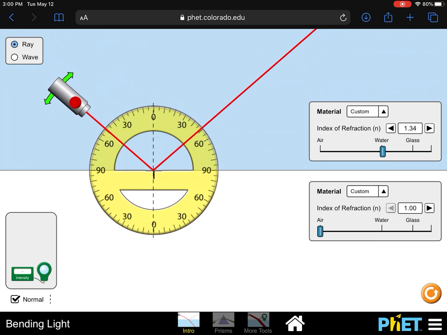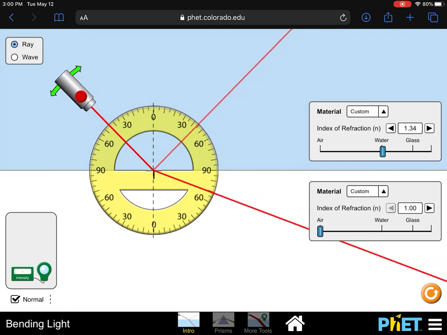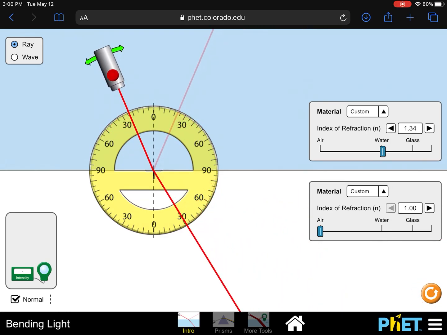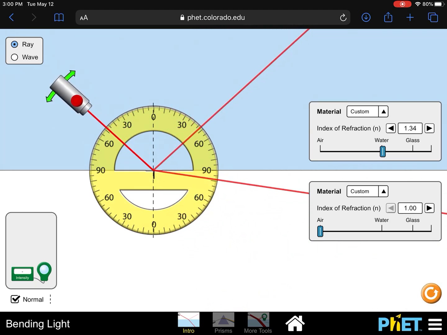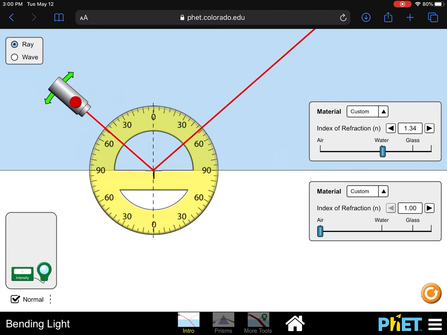Once I come up to about here, some of it starts to escape. So what this angle is, that boundary there, is right around 48 degrees or so. That's known as the critical angle.